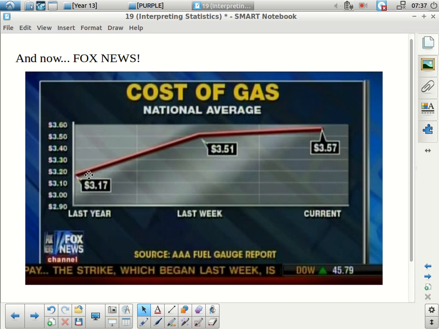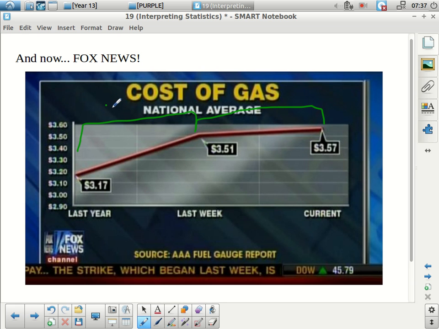Okay, so again, it's mostly about scale, right? Here's a graph trying to compare what's going on with the cost of gas, and they have last year, last week, and current. Again, this is a scale problem, unless this happened to be like on January 7th.